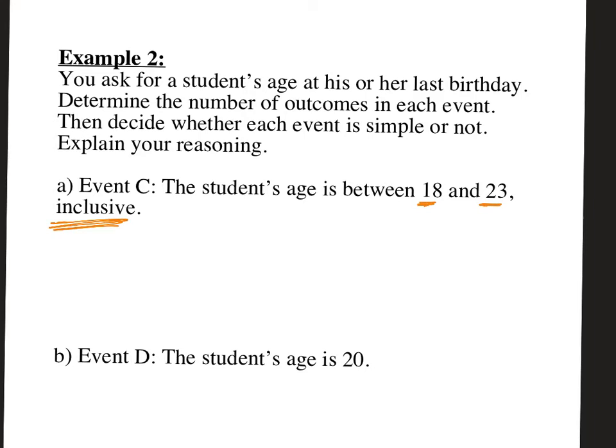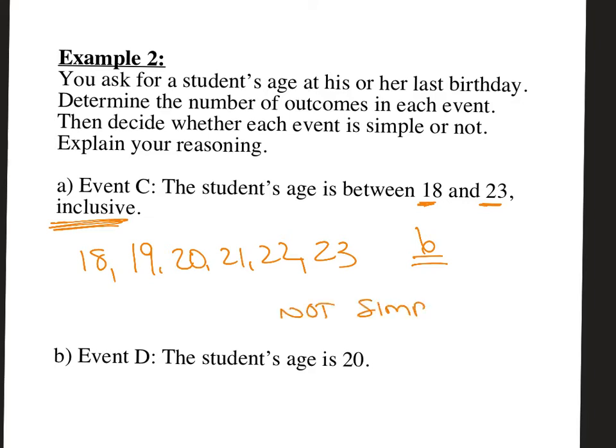If it said exclusive, then it would just be 19, 20, 21, or 22 would be the possibilities. But because it's inclusive, I include 18 and 23. So 18, 19, 20, 21, 22, 23. Okay, and so there's 1, 2, 3, 4, 5, 6. There's 6 total possibilities. And because there's 6 possibilities, it is not a simple event.